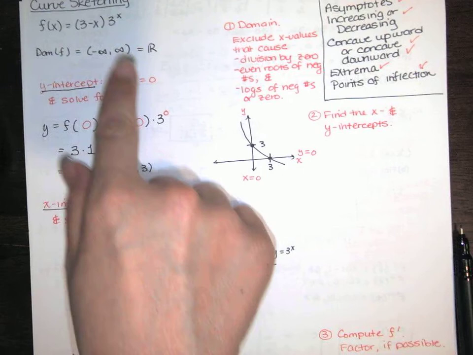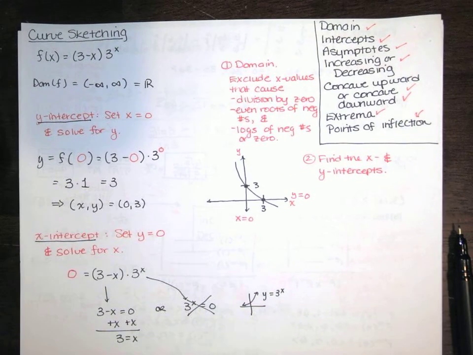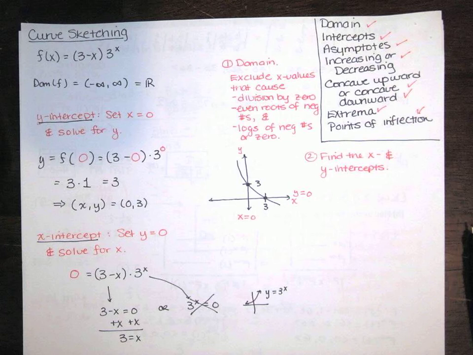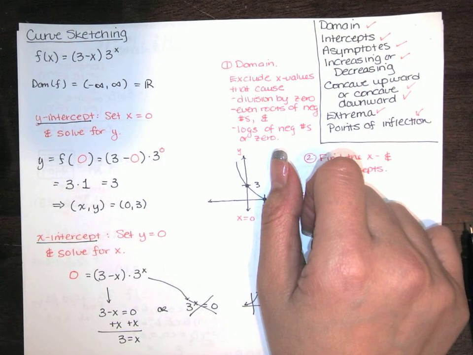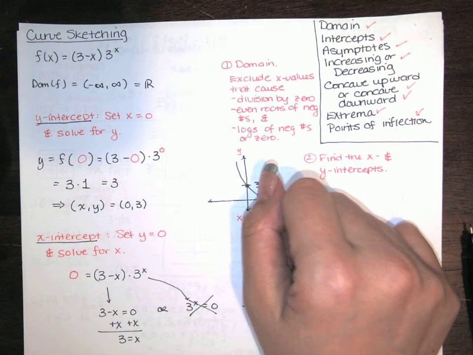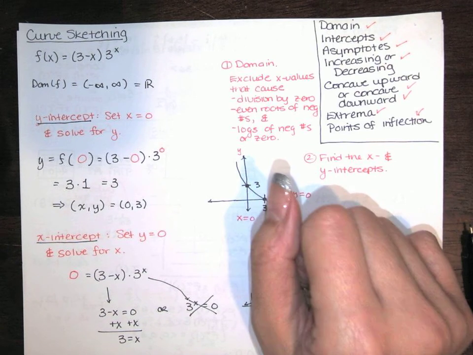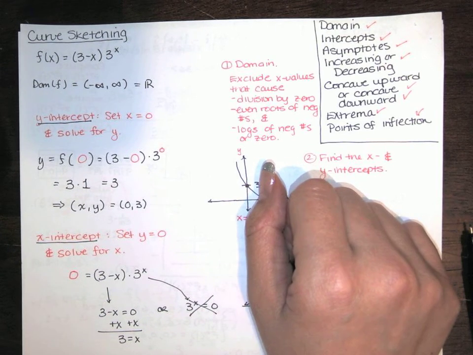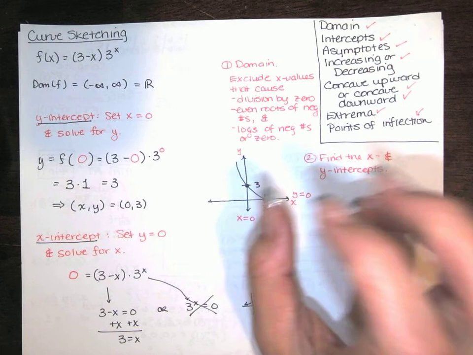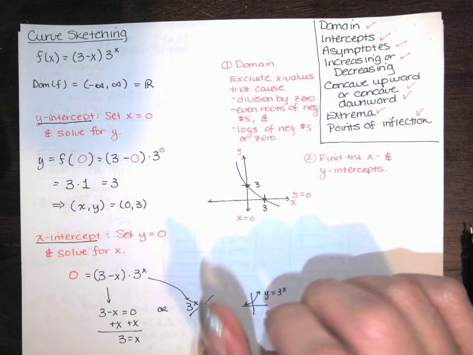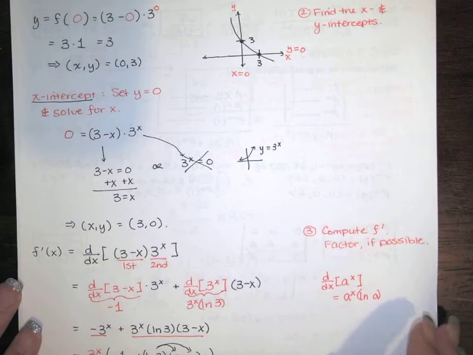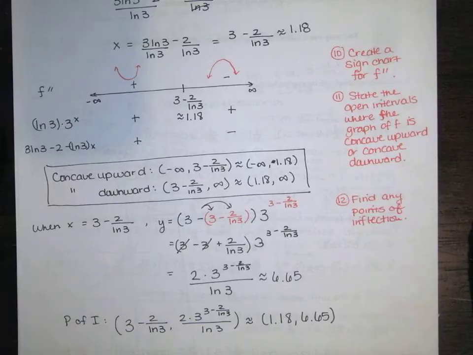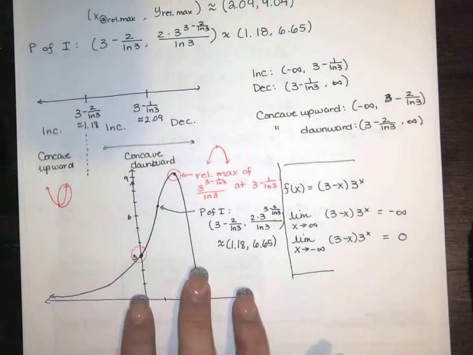We see this function, and we can infer not exactly what it looks like, but a lot about what it looks like, using the first derivative to determine where it's increasing and decreasing, using the second derivative to determine where the graph is concave upward and concave downward, and then looking at asymptotes, intercepts, the domain, points of inflection, end behavior, all of that. We put all of those pieces together, and we're able to sketch this graph.